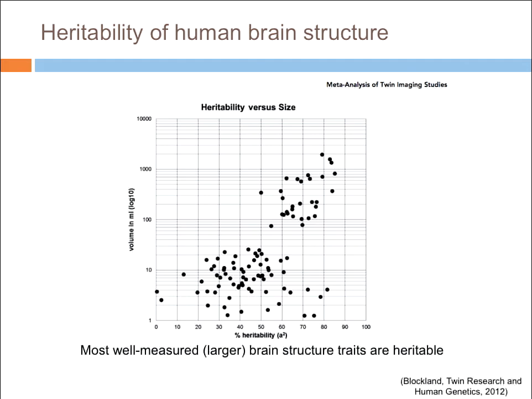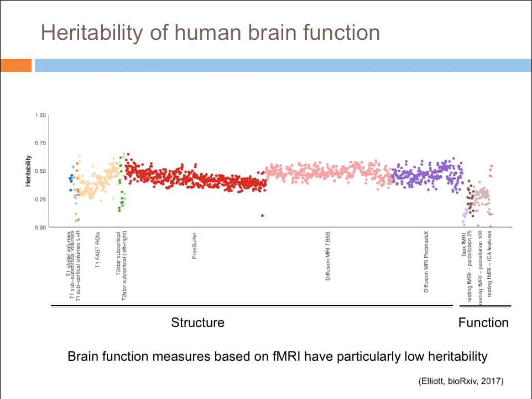The higher the noise is, the less genetic variation that you see. So heritability calculations are highly susceptible to noise because you decrease the correlation between twins. So most well-measured brain structures are heritable. And probably if we were able to measure these well, then they'd all be heritable, although I don't have evidence to show that.